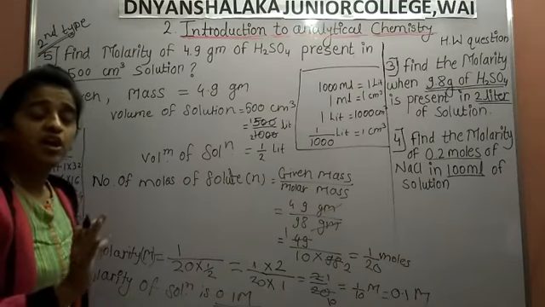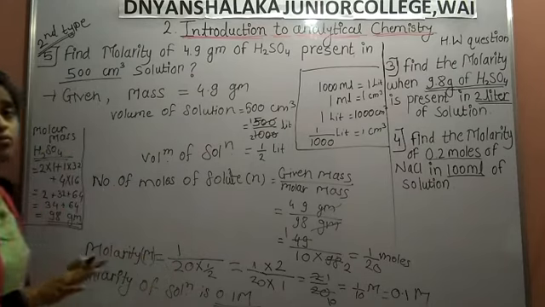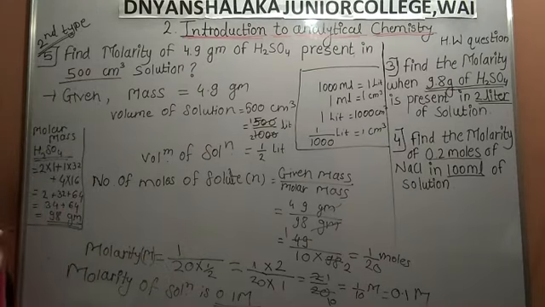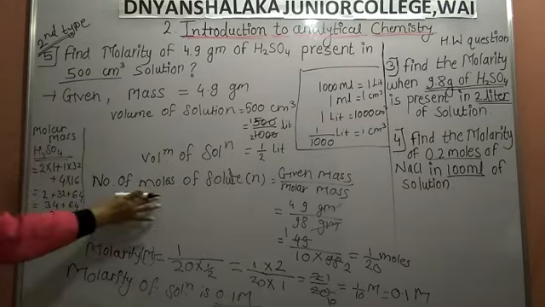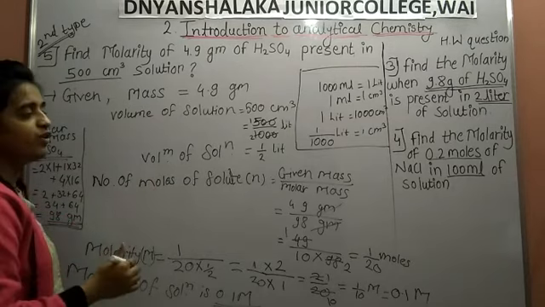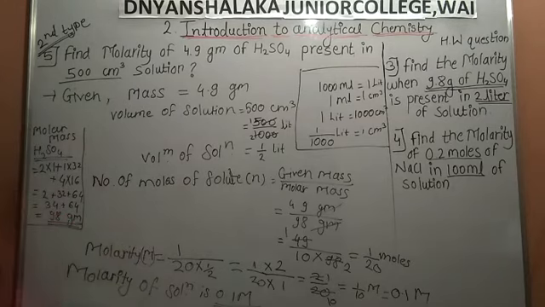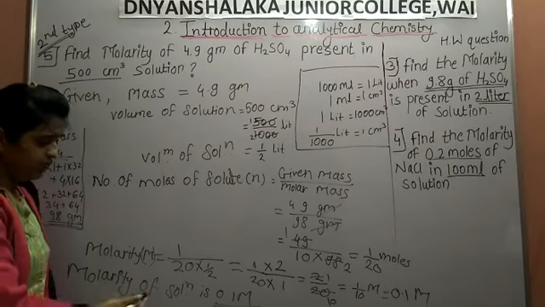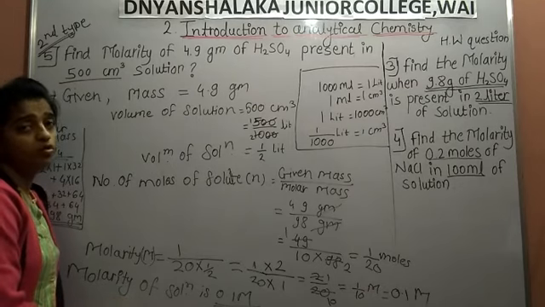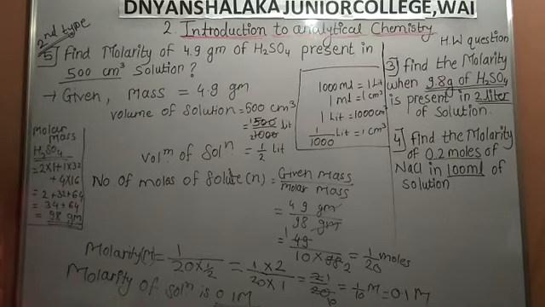In some questions we are given the number of moles, and in some we are not. So using the number of moles formula, given mass upon molar mass of substance, first we find the molar mass. Then find the number of moles of solute, and put the values in the molarity formula to find the molarity of the solution, which is 0.1 molar. So this is our final answer.